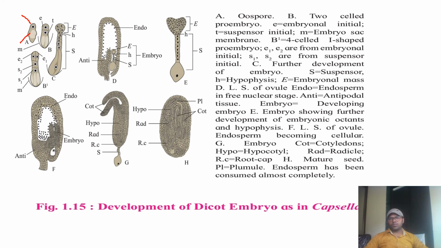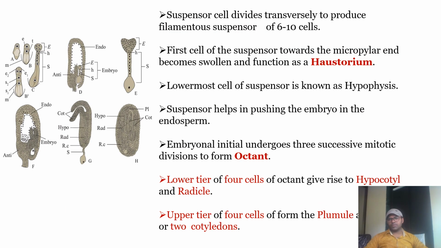Now what happens? The suspensor cell further divides by transverse divisions and forms 6 to 10 cells like this. 6 to 10 cells are formed here. Here also you can see the same thing.